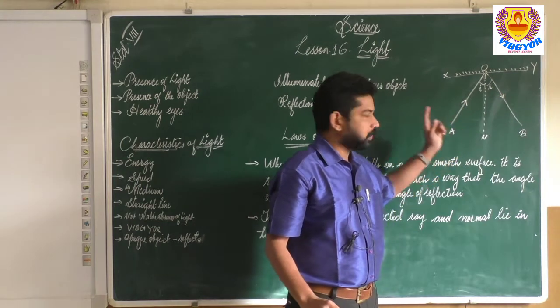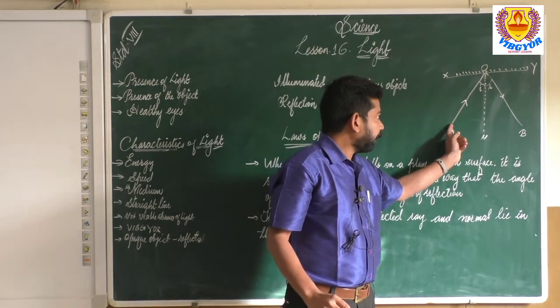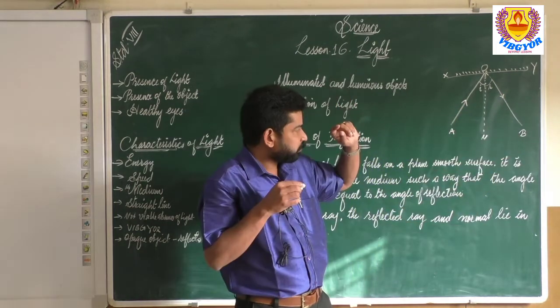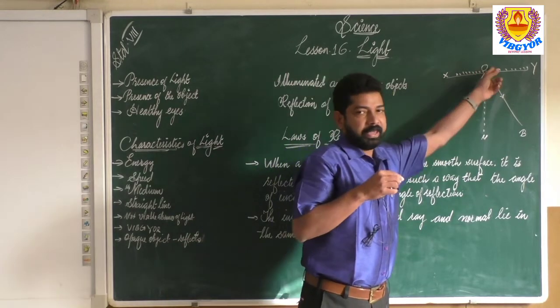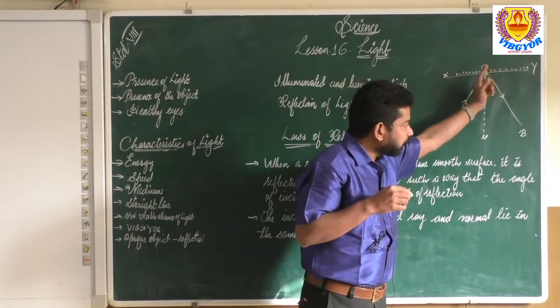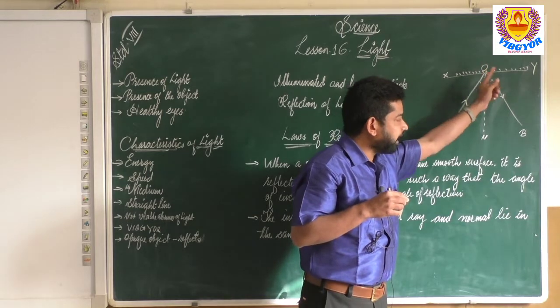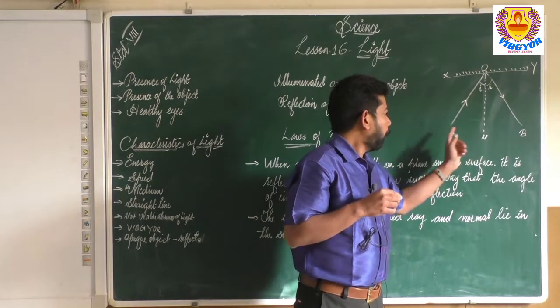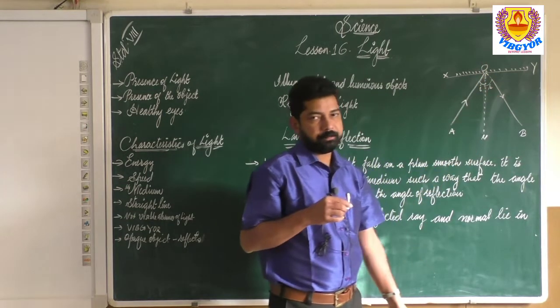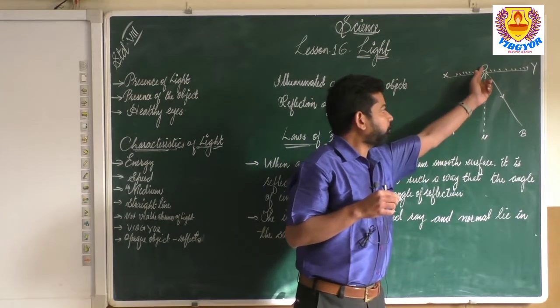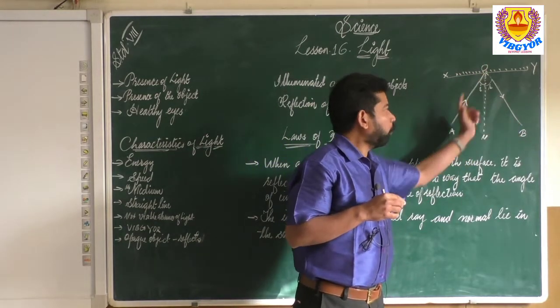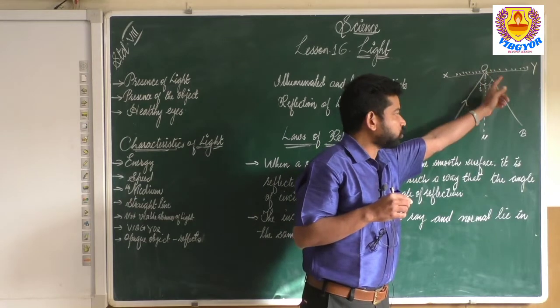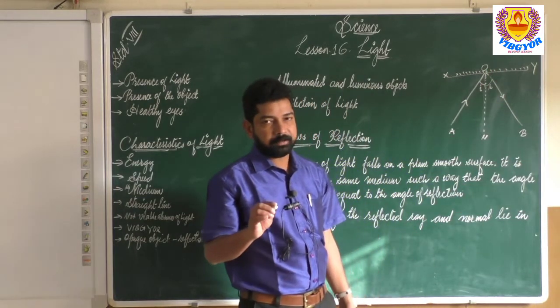So we have learned two rays, incident ray and reflected ray. The incident ray is AO, and the reflected ray is OB.